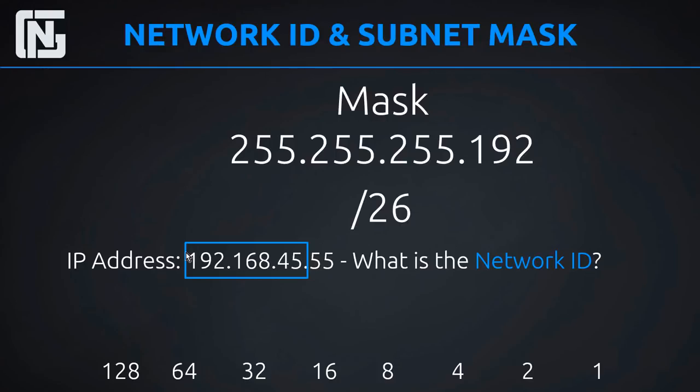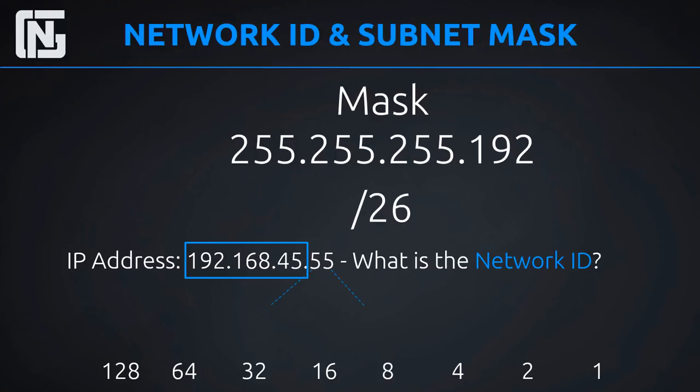And we can go ahead and draw a box around our first 3 octets because we know those will not change. How do we know those will not change? Well, because we have all 255s in the first 3 octets, meaning that the first 3 octets of our IP address will be part of our network ID. So our network ID will start with 192.168.45 something.